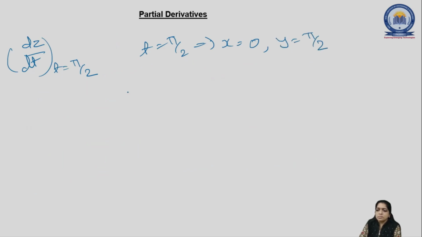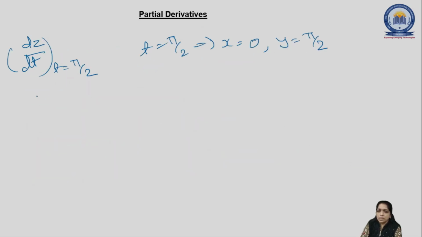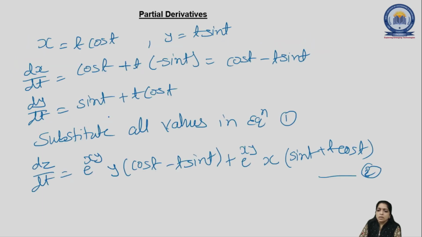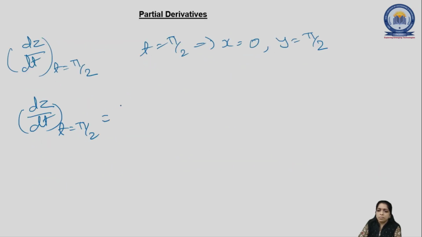So now I substitute the values of x and y in this equation 2, because I want to find the value of dz by dt at t equal to pi by 2. Here x is 0, so 0 into anything is 0, so e raised to 0 is 1, and y is pi by 2, so 1 into pi by 2.